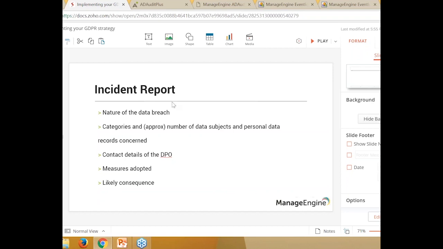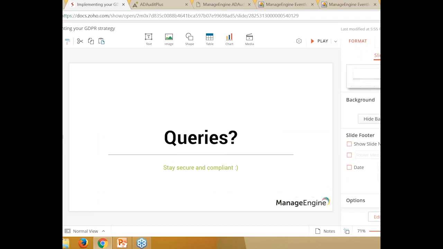So in short, what you can do with a tool like Log360 is audit important events occurring in your enterprise to be alerted for events that could potentially lead to a data breach. And in case you have a data breach, you are in a position to show your auditors a clear-cut incident report that tells everything about the data breach and the systems that you had in place to stop the attack.